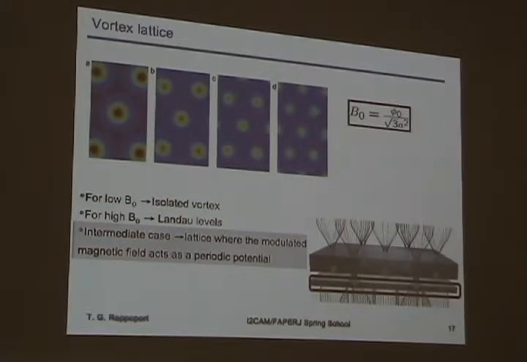So now, if you look at the DMS, we have two important limits that we were discussing a few minutes ago. For very low magnetic fields, where you have the isolated vortex, the energy spectrum is the one that I was showing before. But then imagine that we have very, very large fields, a limit of high fields.